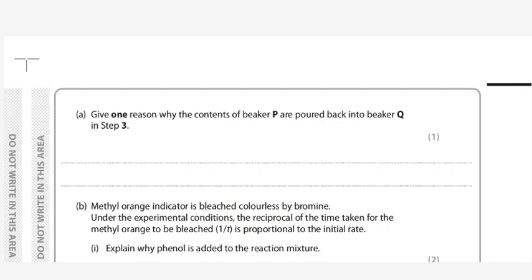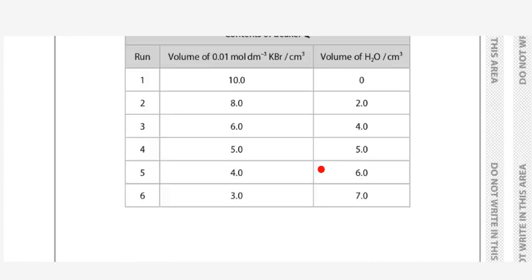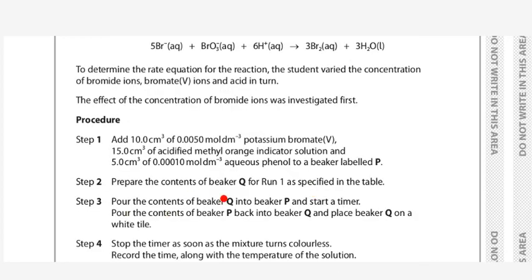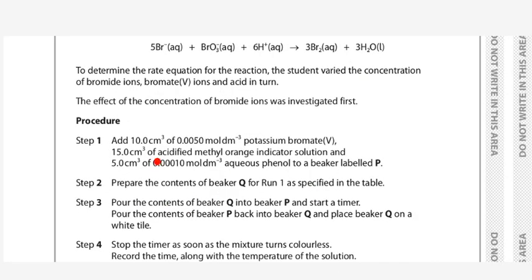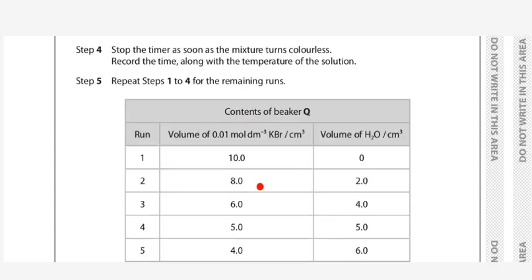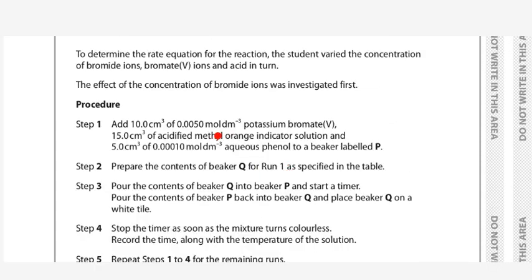Q is KBr. Pour the contents of beaker Q, KBr, into beaker P. P is the phenol with the potassium bromate and acidified methyl orange.